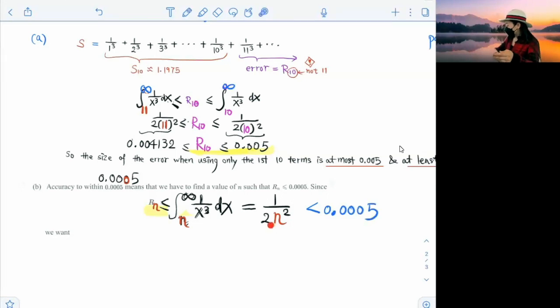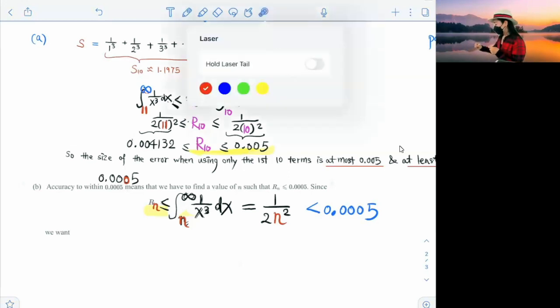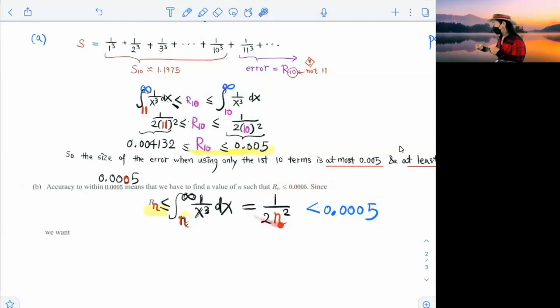If I can ensure this is less than this, does it ensure that Rn is less than this? Yeah, because this is less than or equal to this, and if this is less than this, by transitivity, then this is less than this, right? Okay, good. Now all we have to do is solve this inequality.